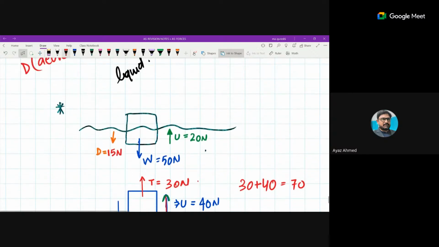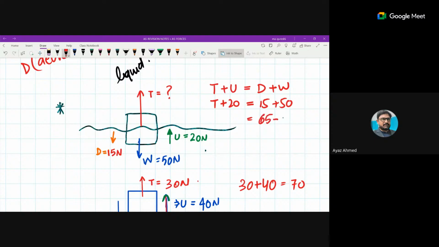Now how much tension do I need? Again, tension plus upthrust equals drag plus weight. So tension plus 20 equals 15 plus 50. That is 65 minus 20, so your tension will be 45 Newton. Are you getting my point?